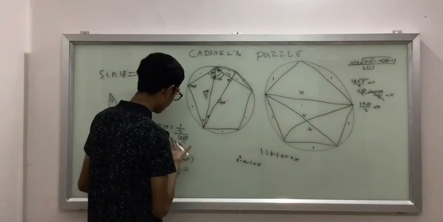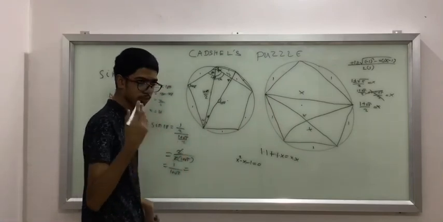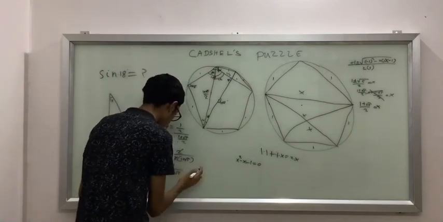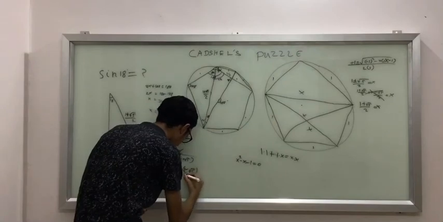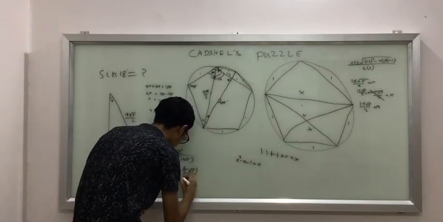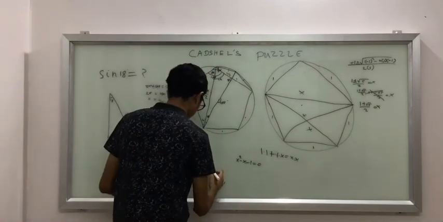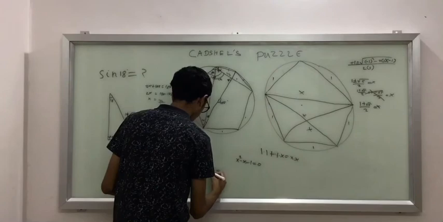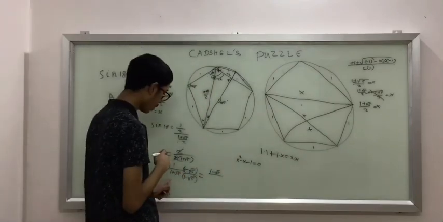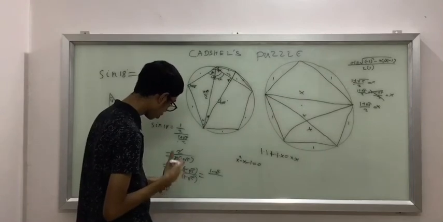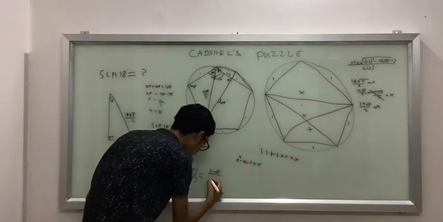If we rationalize this, we multiply by 1 minus square root of 5 by 1 minus square root of 5, which is equal to 1 minus square root of 5 by 1 square minus square root of 5 square, which is 1 minus 5, which is minus 4.